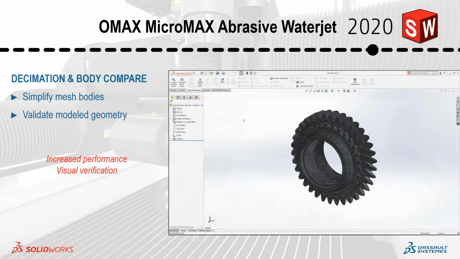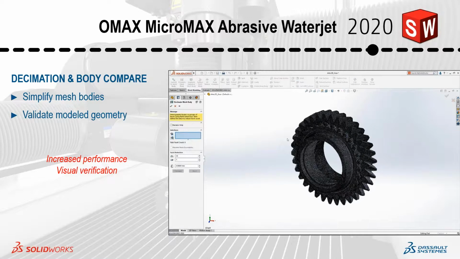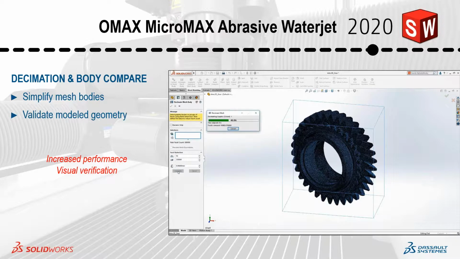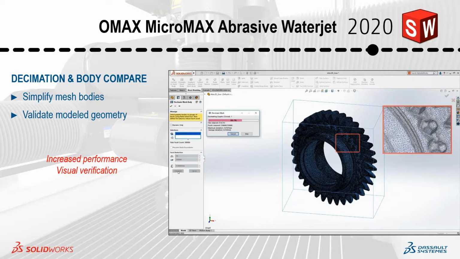Next, as technology advances and our customers' demands are getting more and more complicated, complex mesh bodies have become more and more frequent. So with SolidWorks 2020, we have no choice but to adapt to these new changes and demands.